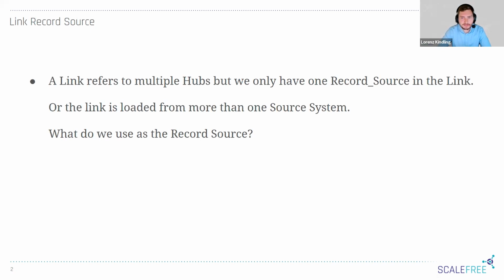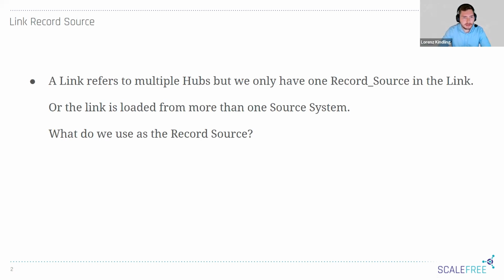So what you should keep in mind, the record source for a link always comes from the source system where the relationship comes from. It doesn't matter what hubs are referenced, it only matters where this relationship in the link comes from. It is also possible that a link is loaded from multiple source systems. Then you would choose the system that delivers the relationship first.